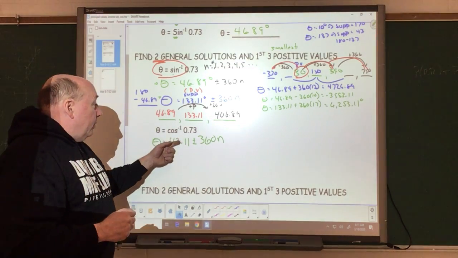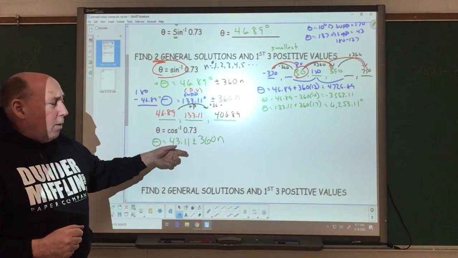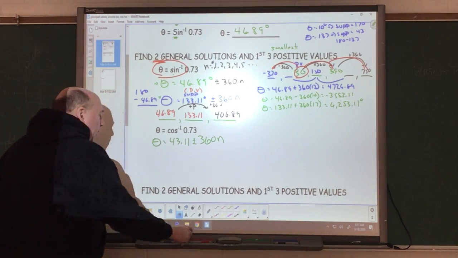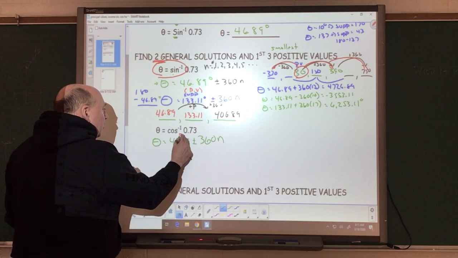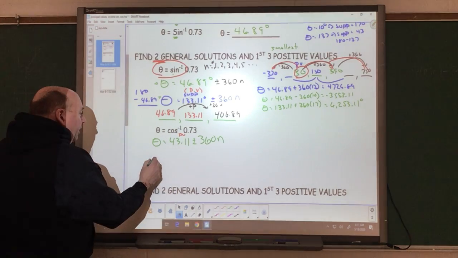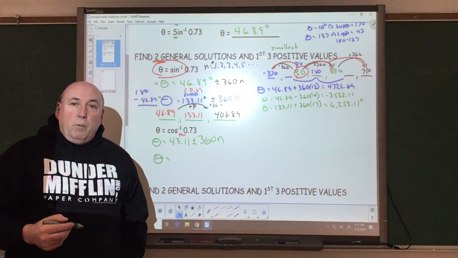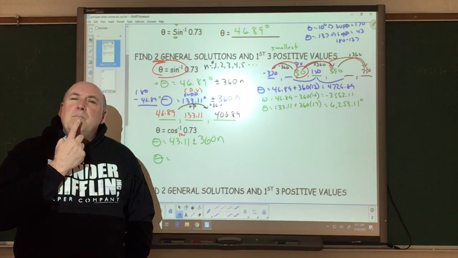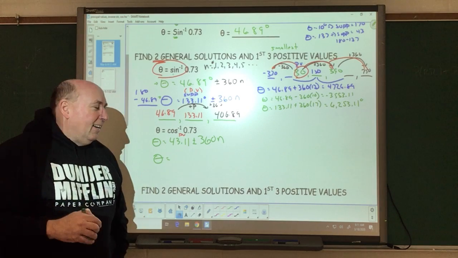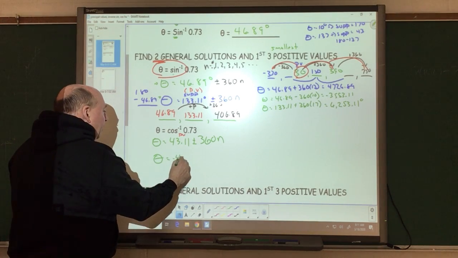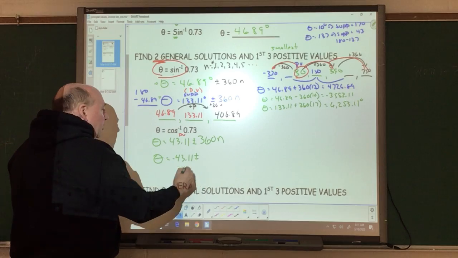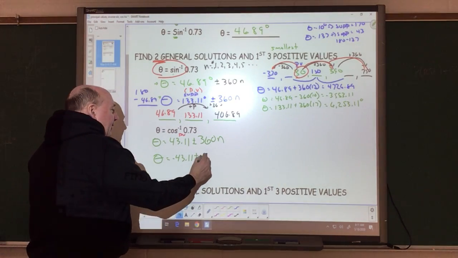So that's going to be true for our problem here. So this is once again the principal value, and down here will be our opposite. Well, what's the opposite of 43.11? That's a thinker. Negative 43.11, plus or minus 360n.